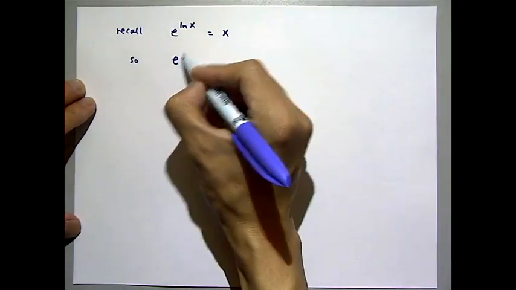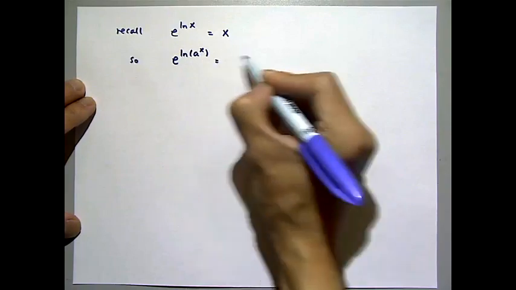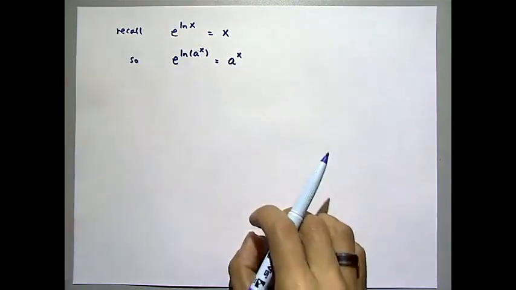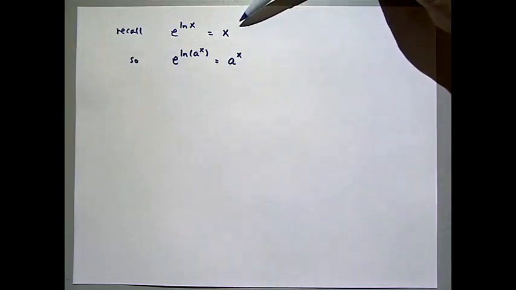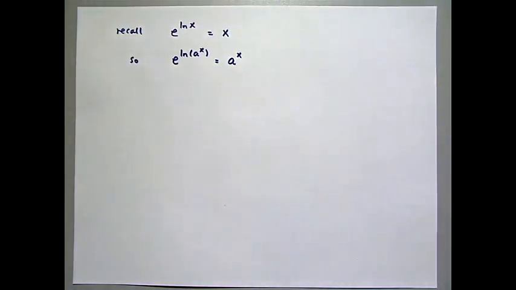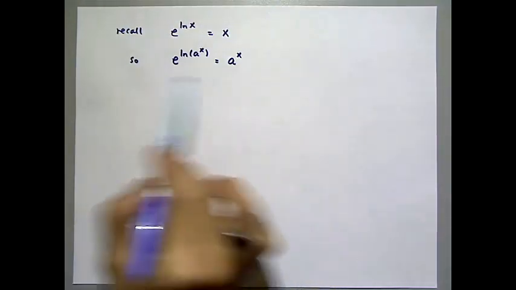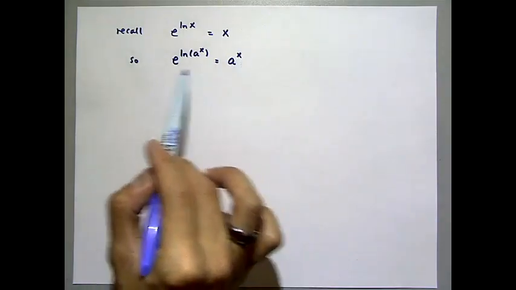So e to the power of ln of a to the x must also be a to the x. Right? x is simply a variable, a placeholder. If I change x to anything else, that expression still has to hold. So there's our first major step here, a to the x rewritten as e to the something.